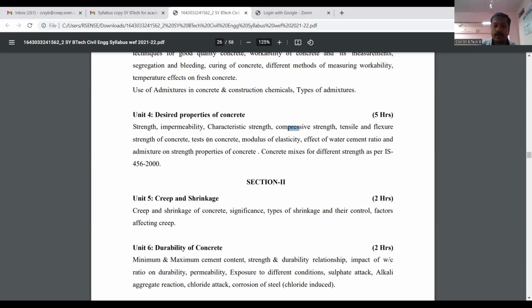Now, chapter number 4 totally deals with the properties of the hardened concrete.